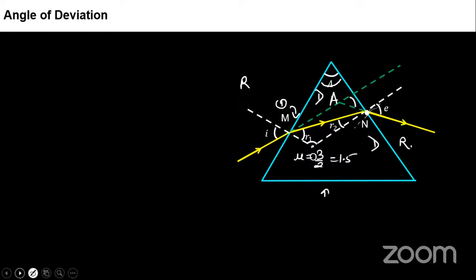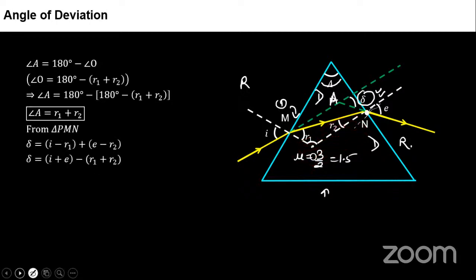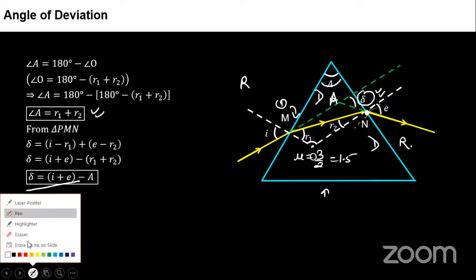Ultimately we have derived one quantity for this, the deviation angle, by using geometry. By considering this, angle A equals 180 degrees minus this angle. All the geometry will be given to you. Ultimately we have derived the angle of deviation formula, which you must remember. Let me erase this.